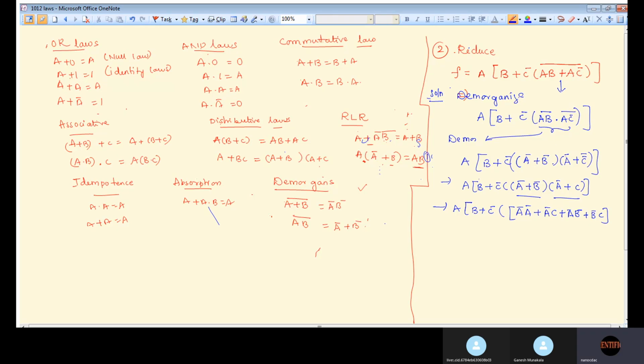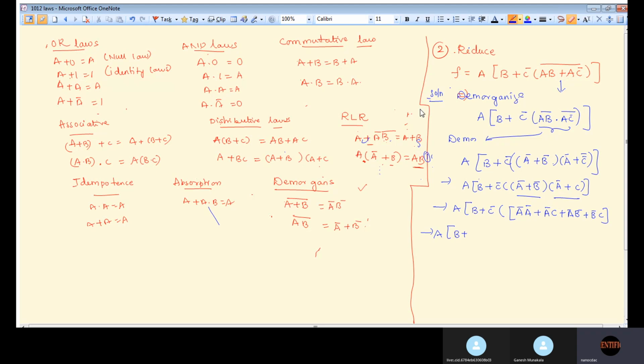So now again, what can we do? A B plus C bar. What can we write for A bar? A bar simply we can write as A bar.